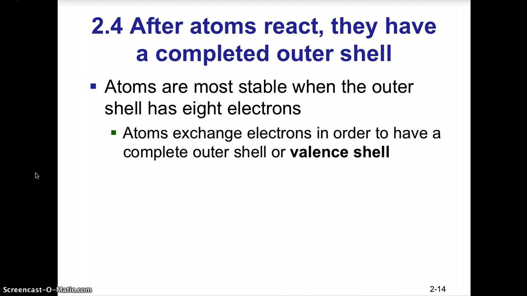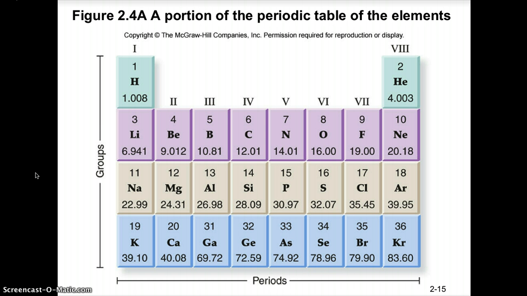The group number for the element, so we have groups 1, 2, 3, 4, 5, 6, 7, and 8. The group number that element is found in represents the number of valence electrons found in the outermost shell. So here you can see group 1, all of them have 1 valence electron. Group 2, they all have 2.